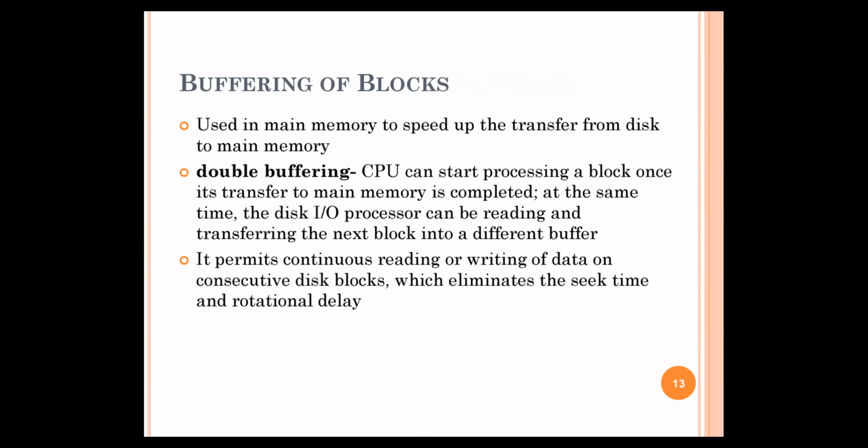So usually we are using the buffers in between the main memory and the secondary storage devices. Before processing the data in the RAM, the data will be stored in the prefetch state. The data will be stored in the buffers.